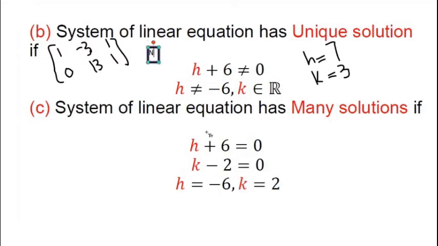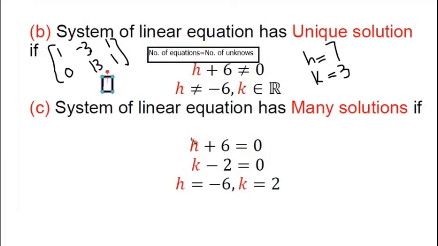If the number of equations is equal to the number of unknowns, then the system of linear equations has a unique solution. On the other hand, you can say that there is no free variable.